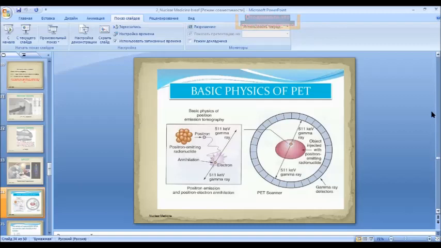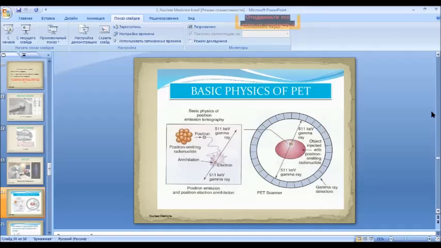When an emitted positron meets an electron, the result of their collision is an annihilation of both positron and electron. And the final product is two gamma rays which spread in different directions at the angle of 180 degrees.